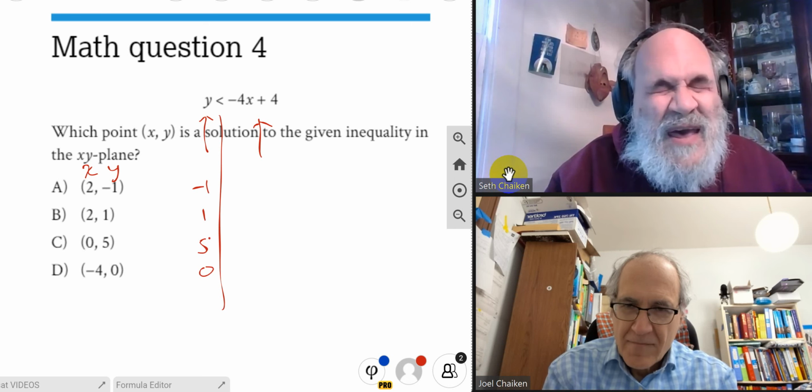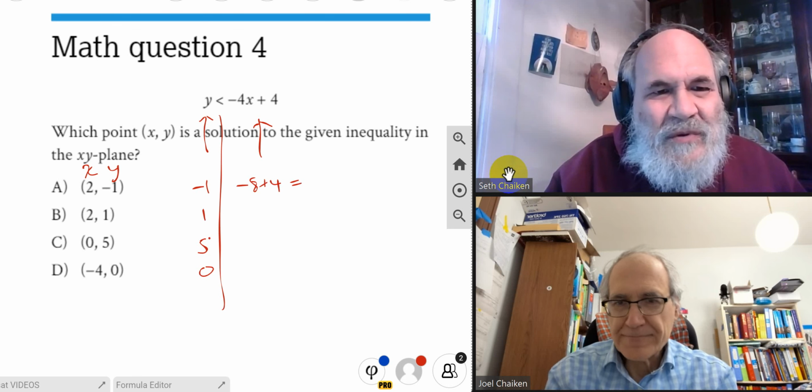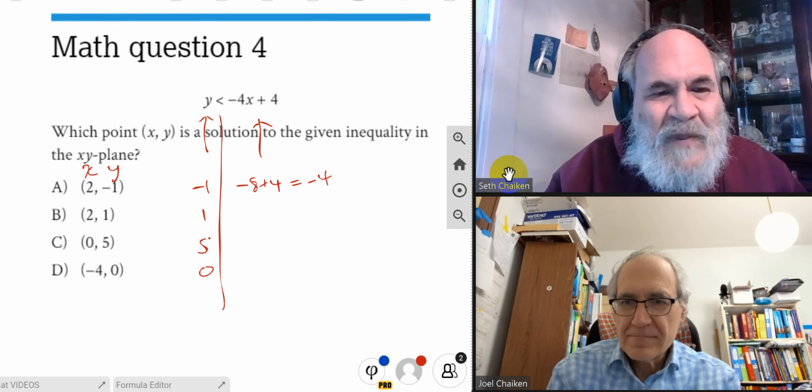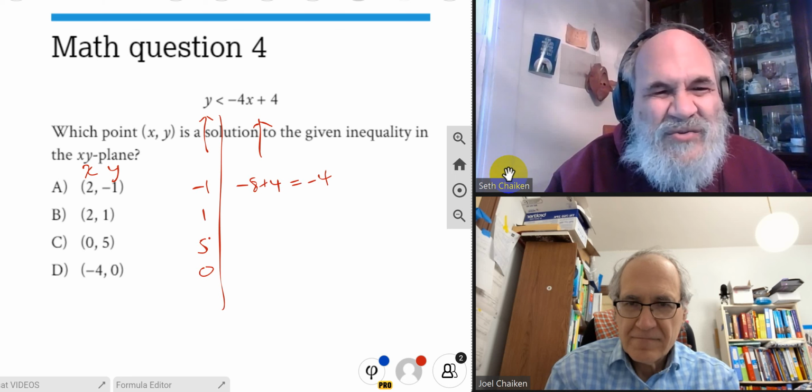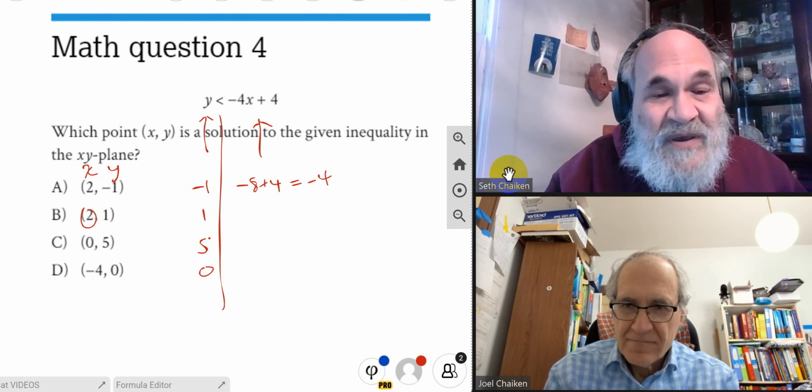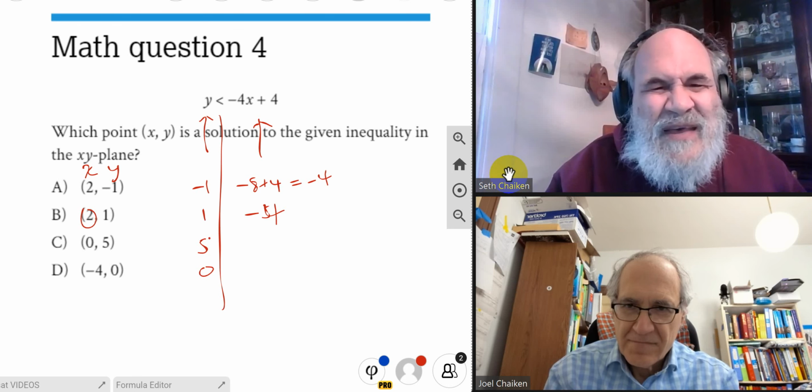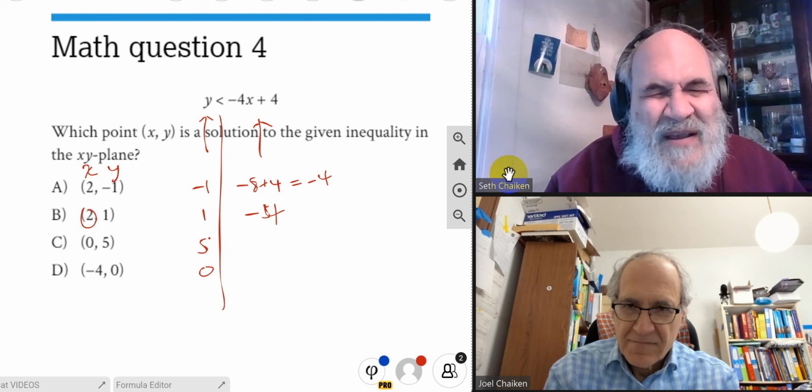Okay, let's do it. When x equals 2, we get -8 plus 4 equals -4. There's another 2 here, so I don't have to repeat the calculation. And I see -1 is greater than -4, so I haven't gotten to the correct one yet. 1 is also greater than -4.